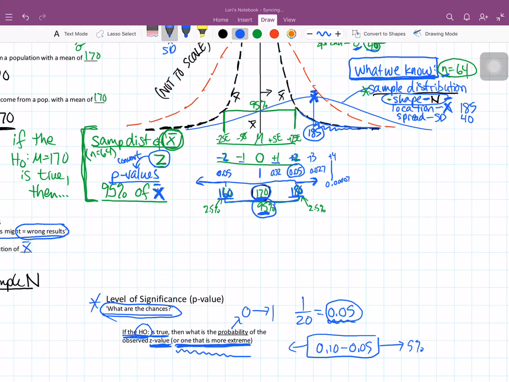Well, I should add a couple more things. The thing that you'll notice about these p-values is that the smaller and smaller they get, the farther and farther away they are from this middle point, this mean. And so that smaller p-value provides evidence against the null hypothesis.